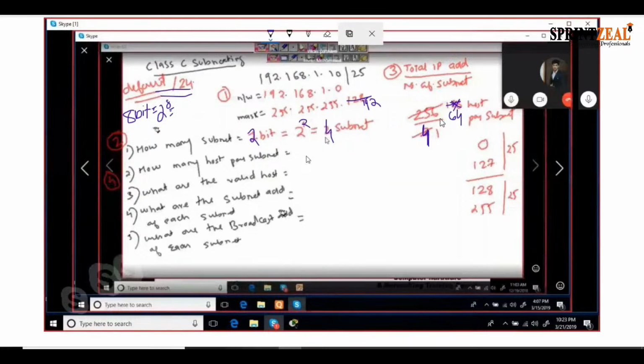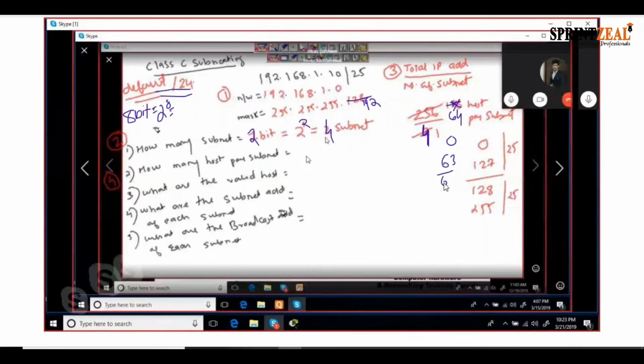So now again solve, because your answer is wrong. If this is wrong, then everything is wrong. So now let me explain this sum. You just watch this sum. 64. So we have to make a block of 64, right? So 0 to 63, that is 64.